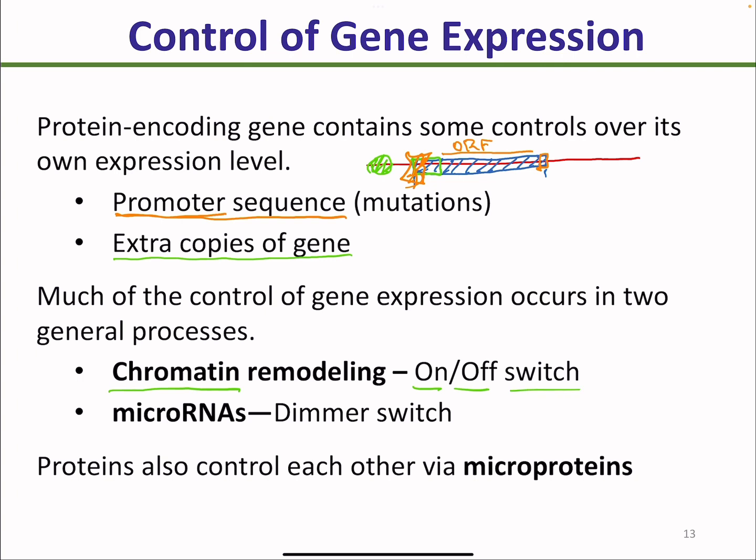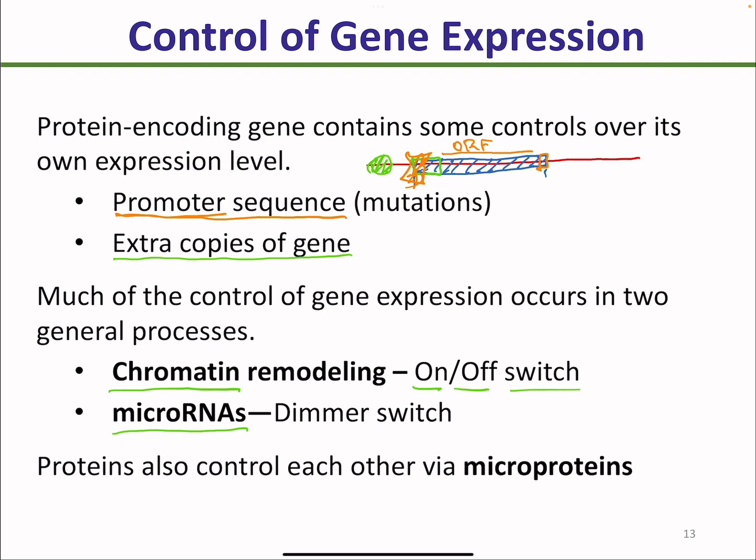Another dimension is going to be the microRNA. The microRNAs are small RNA molecules that are actually going to come and bind to prevent gene expression or to prevent translation. All right? We are going to talk about that.